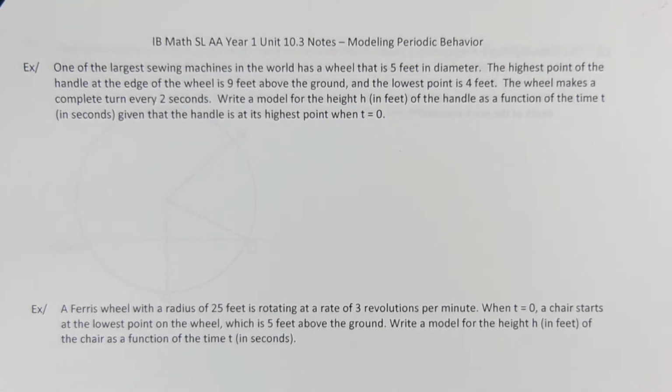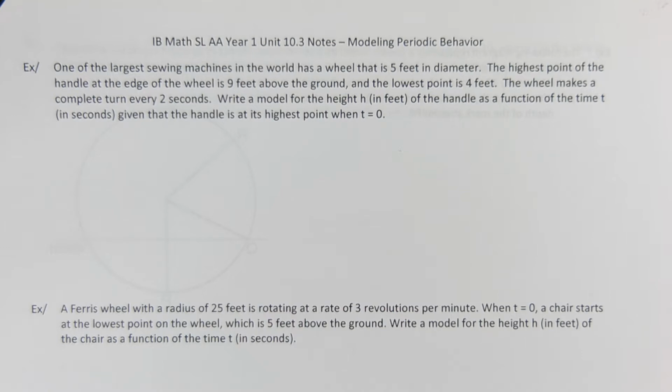The highest point on the handle at the edge of the wheel is 9 feet above the ground, and the lowest point is 4 feet above the ground. That should make sense since you have a diameter of 5, right? The wheel makes a complete turn every 2 seconds. Our job is to write a model for the height, h, in feet of the handle as a function of time, t, in seconds, given that the handle is at its highest point at time equals 0.